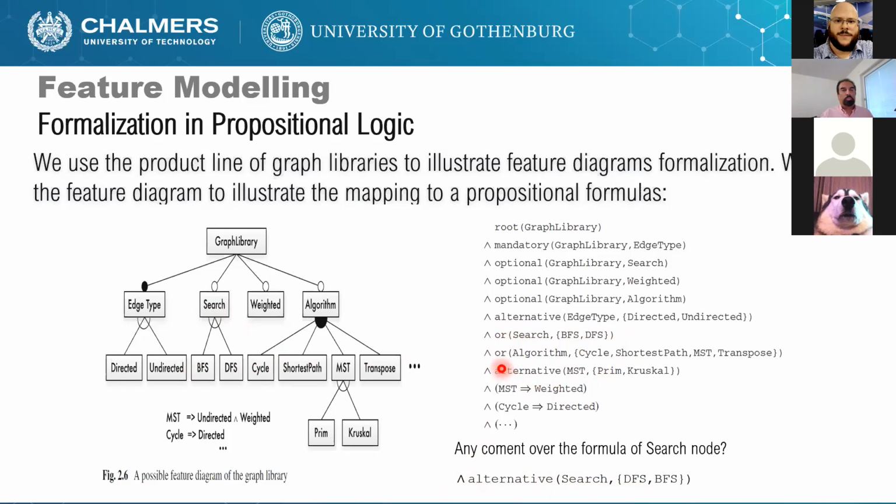And here, we have an OR relation of 4 children. So you see the root, the parent, and the 4 children to follow. Here at the third level, you see an alternative relation for MST, and then 2 children to follow, and so on. Now, I want you to look at how we transform this into the second level.